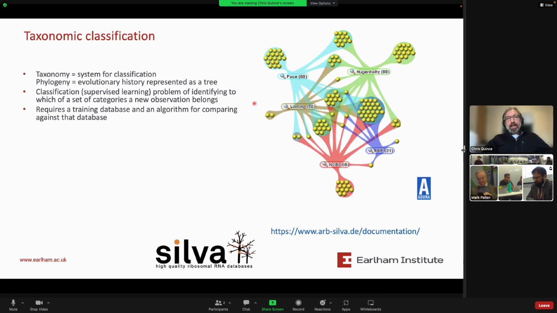The fact is, this is what I'm illustrating. This figure here is very old. It's taken from 2006 or something, but it's showing different taxonomies as a Venn diagram, and it's looking at the phyla labels in those different taxonomies and the extent to which they share phyla names.